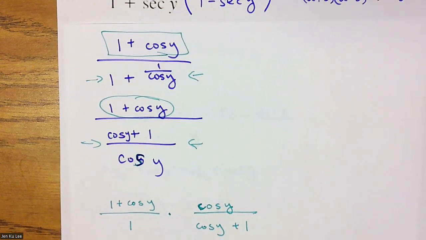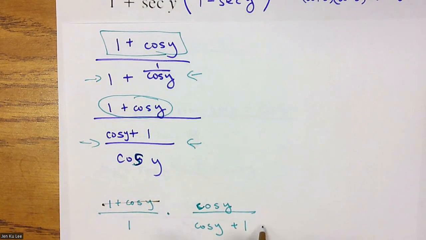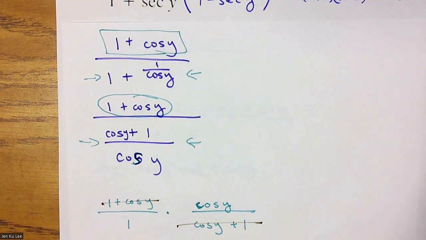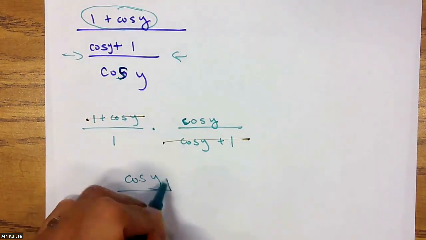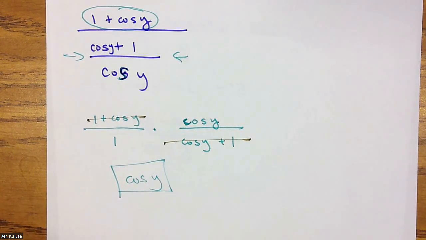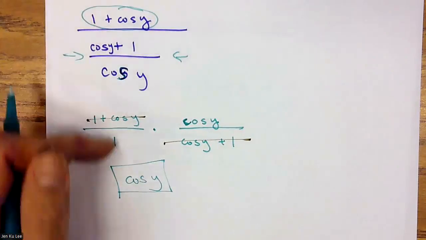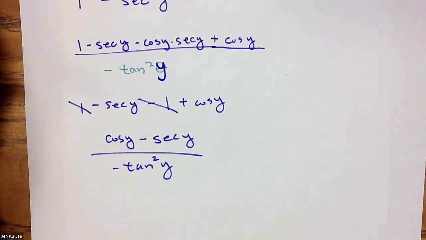I know that 1 plus cosine is the same thing as cosine plus 1. So they cancel out, and we just have cosine of y left over. Okay? Look how simple that was compared to this. Right?